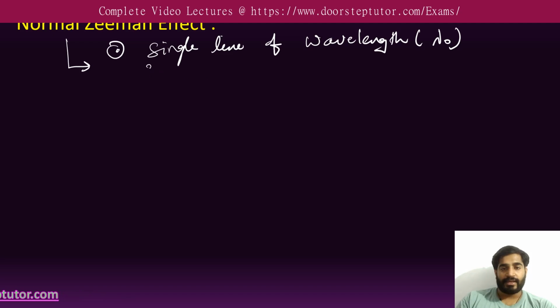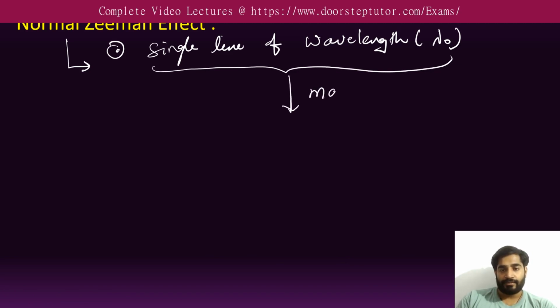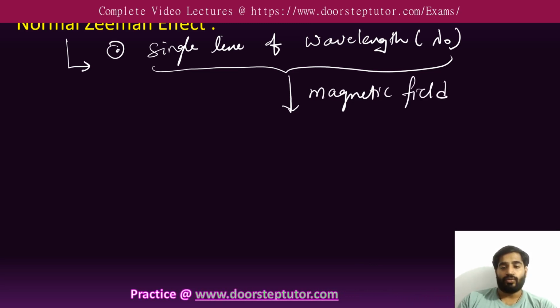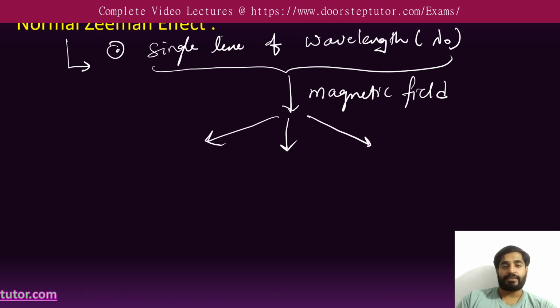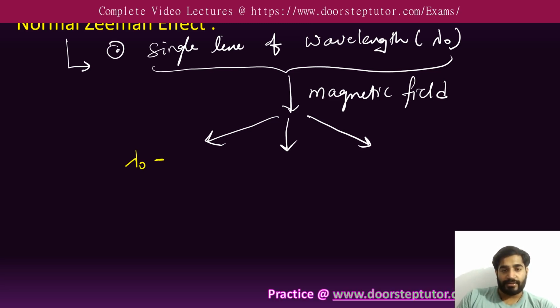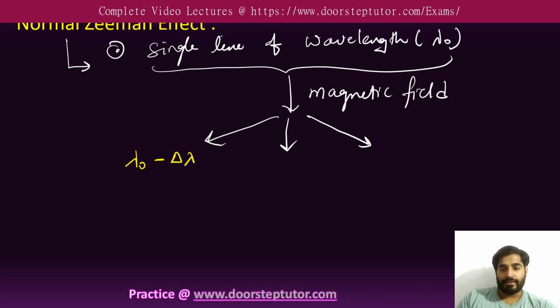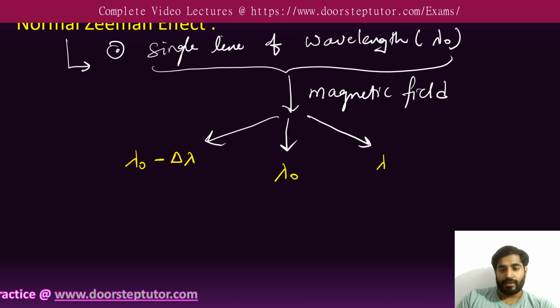To avoid confusion: this single line of wavelength lambda naught, after the presence of a magnetic field, is split into three components: lambda naught minus delta lambda, lambda naught, and lambda naught plus delta lambda.